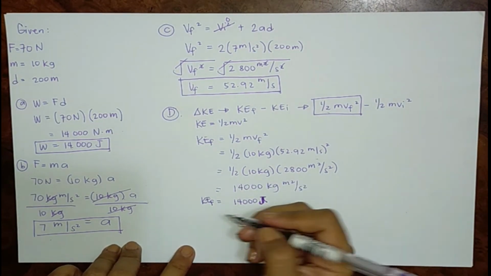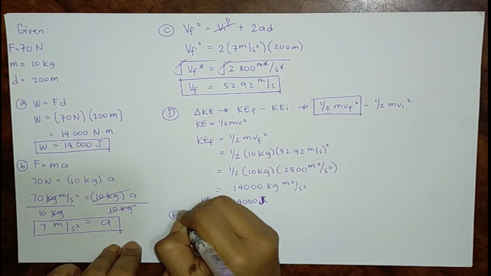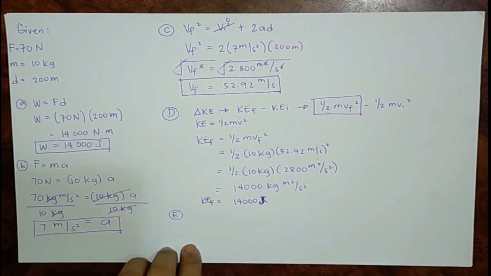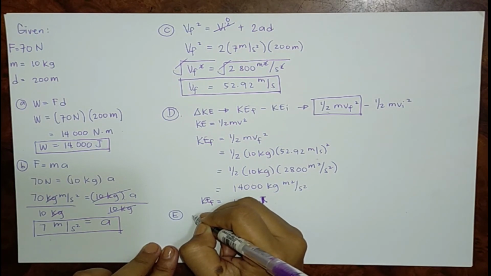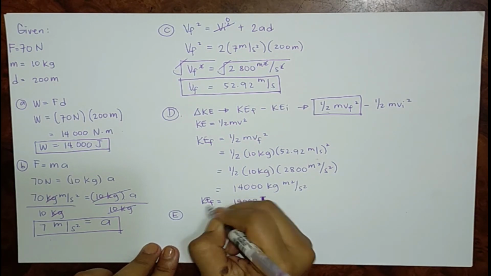For letter E, you have two ways to answer. It's either you are going to calculate or you are going to give an explanation. Let us go first to the calculation. We have here the change in kinetic energy.